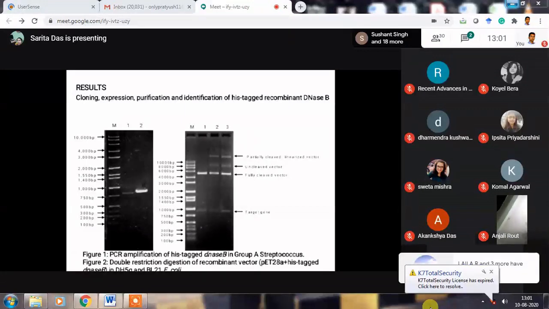If yes, then whether it is in the correct orientation or not, whether our target gene is oriented correctly or not. So for that, we conducted the double restriction digestion.